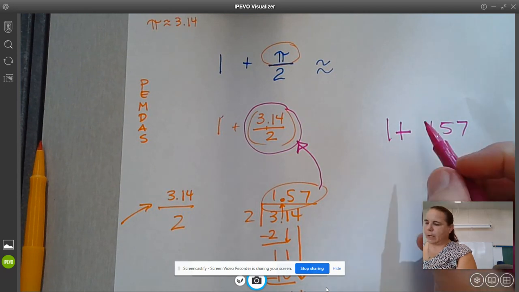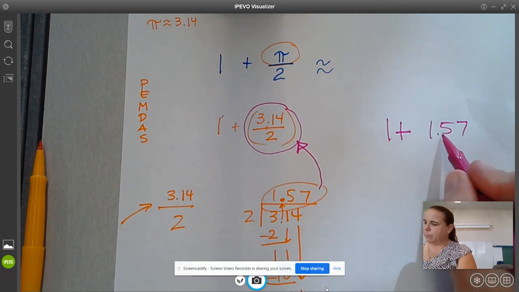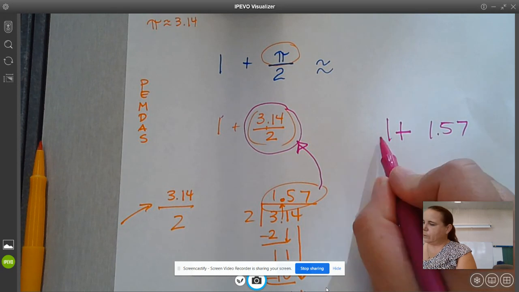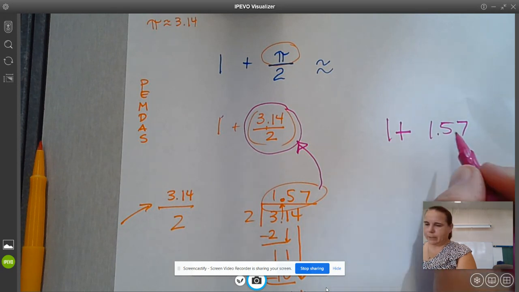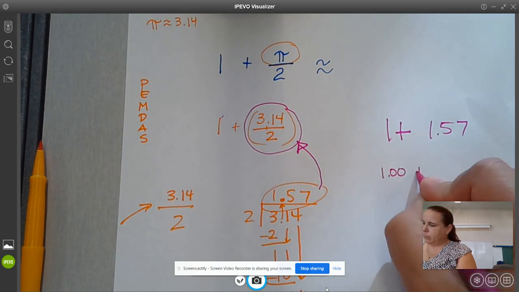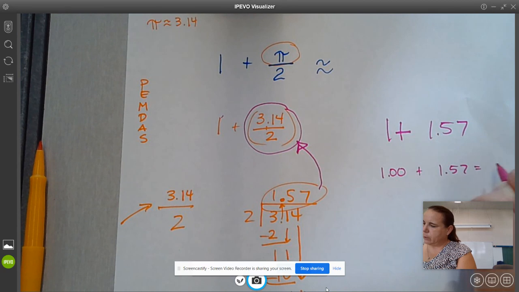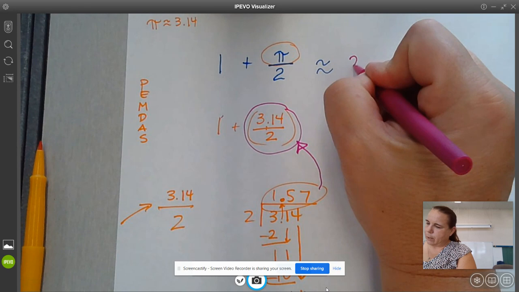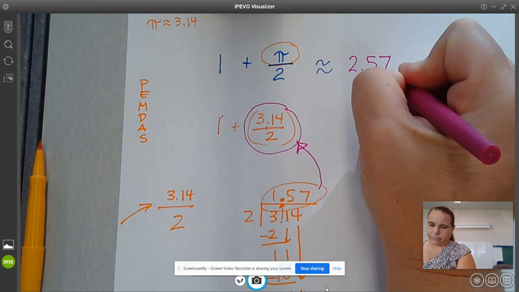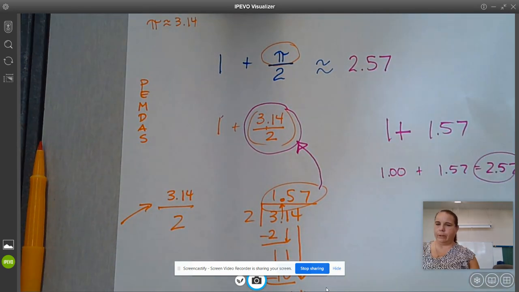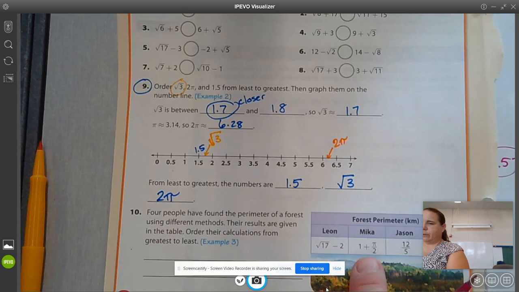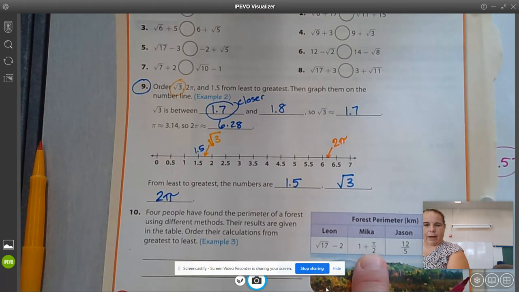Now, remember, I still have students that are going to tell me this is 1.58. This is $1 plus $1.57, right? So this is 1 plus 1.57. So 2.57 would be what this is approximately. And so that's how you would simplify an expression that looks like that.